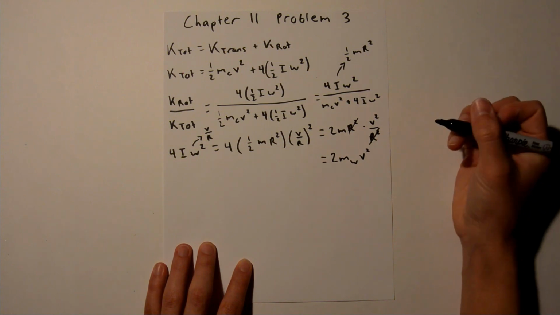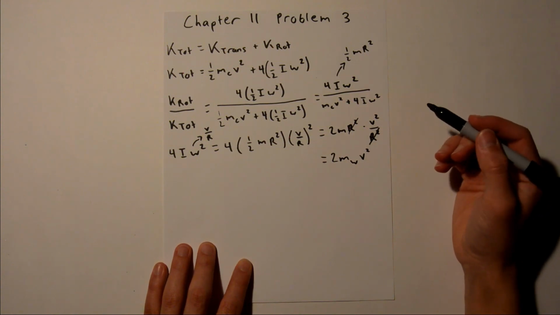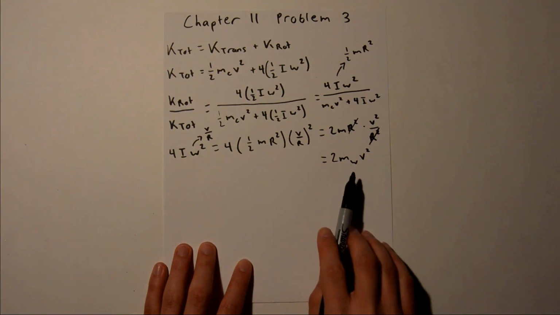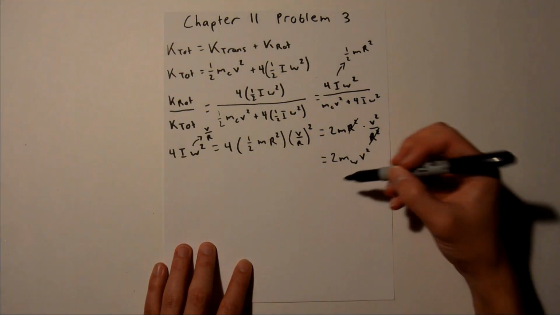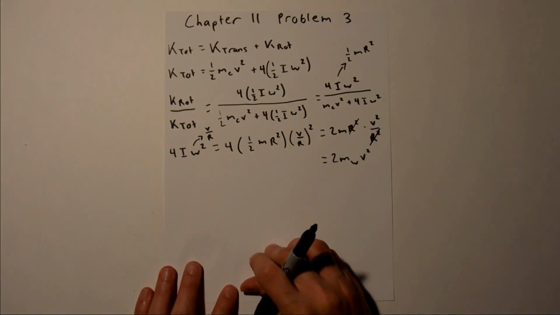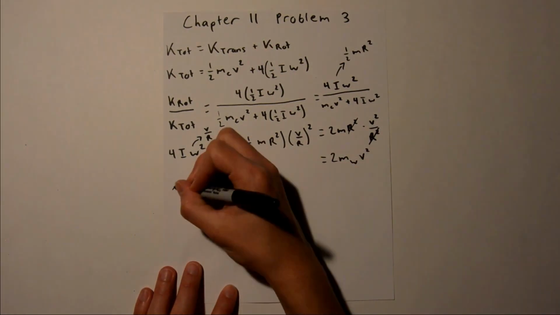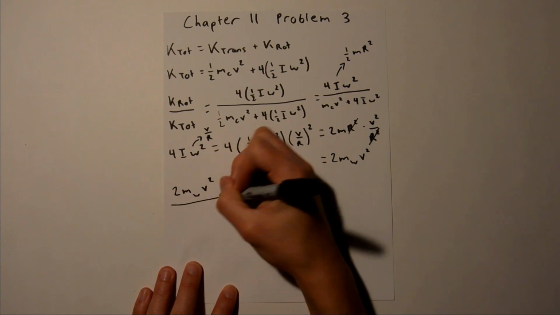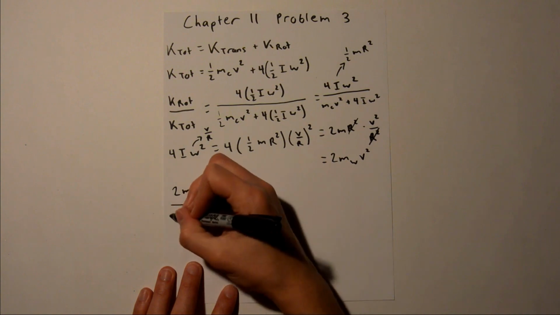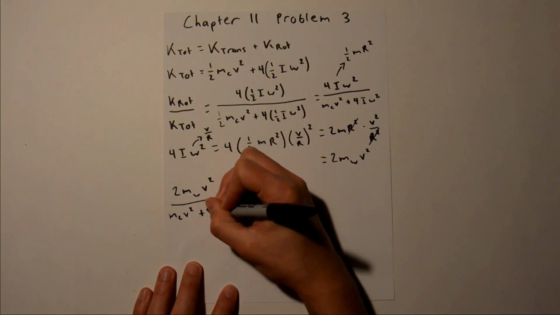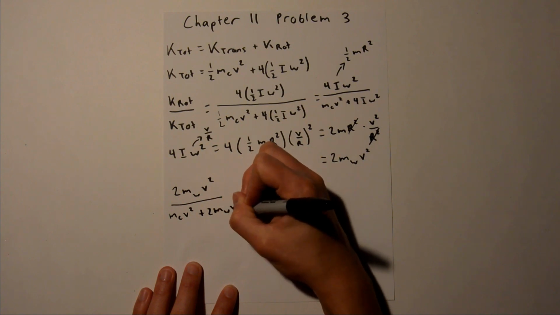So now that we have this relationship between the rotational and translational, we can sub this term into this for both of those. So 2 mass of the wheel V squared over mass of the car V squared plus 2 mass of the wheel V squared.